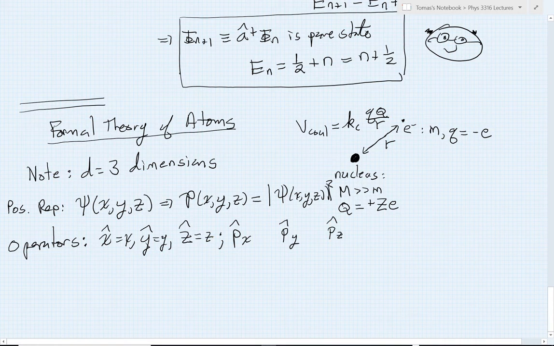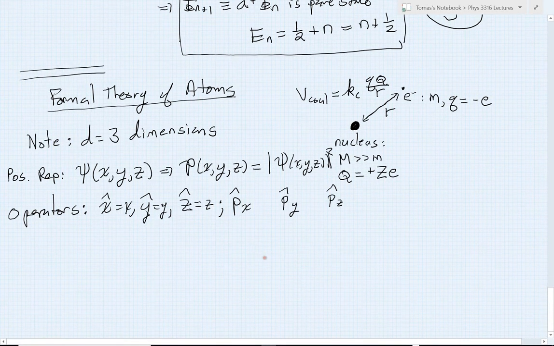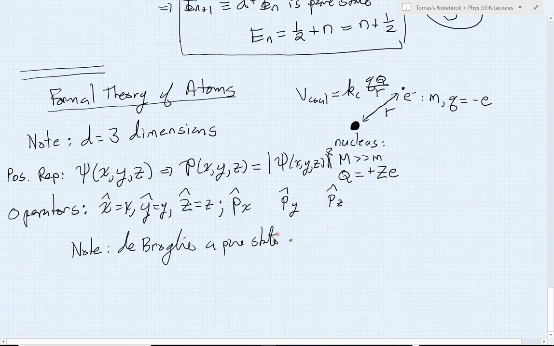For the momenta, that's going to take a little bit of thinking. But we can pretty much guess what they're going to be, and it will actually follow from the de Broglie hypothesis. So de Broglie is going to teach us, if we are in multiple dimensions, that if I have a pure state of momentum p, and p has 3 components, it's actually a vector.